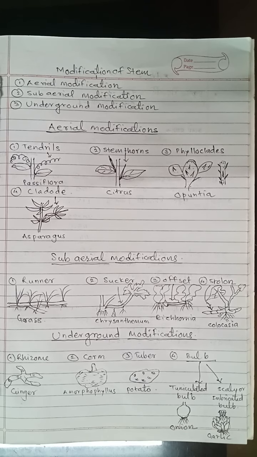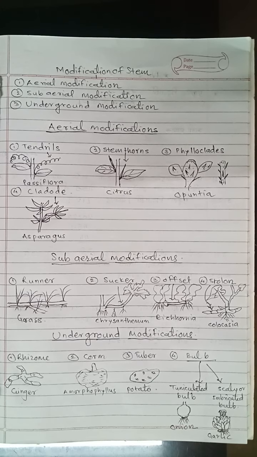The terminal bud grows into inflorescence or aerial shoot, while the aerial shoot of bulb is called as scape, S-C-A-P, while some of the axillary buds develop into daughter bulbs.